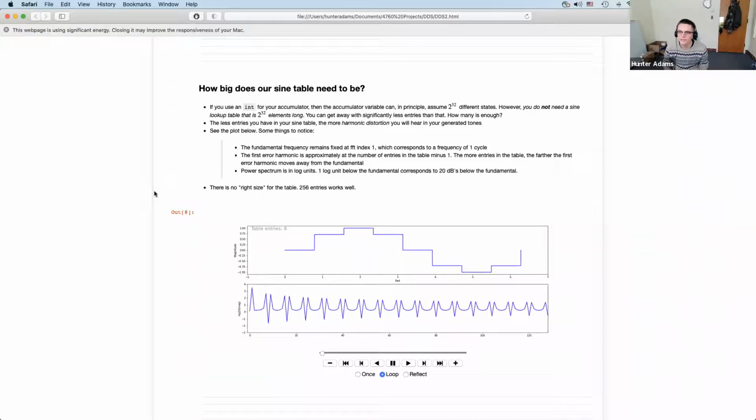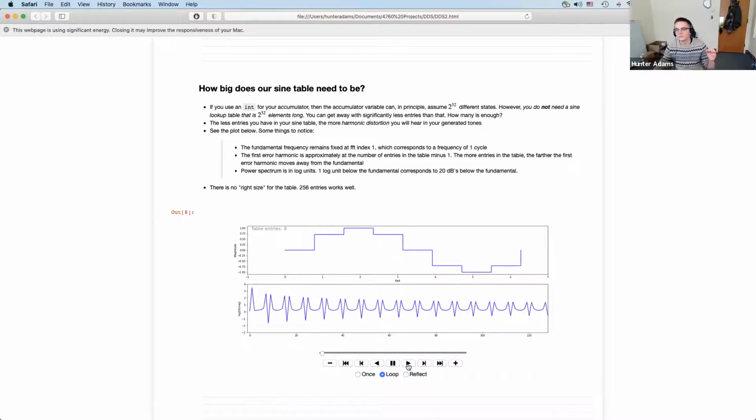You can show that the fewer entries you have in your sine table, the more harmonic distortion you're going to have in your generated tones. The reason for this is that the DAC that we're using acts like a 0th order hold. So when you send a value to the DAC, it retains that value until you send the next value. The consequence is that the output from the DAC will look like a squared-off approximation of a sine wave, and how good this approximation is depends on how many elements you have in your sine lookup table.